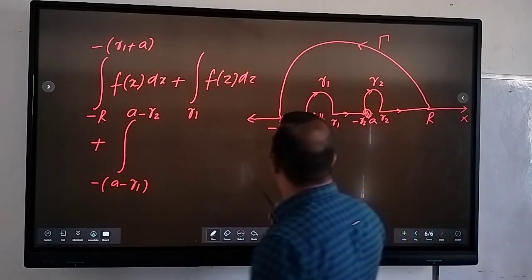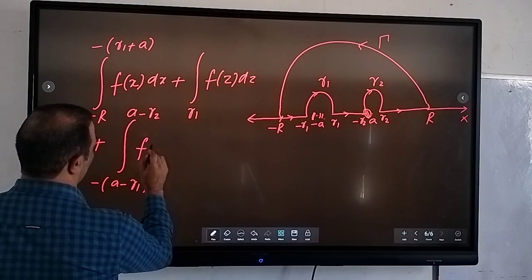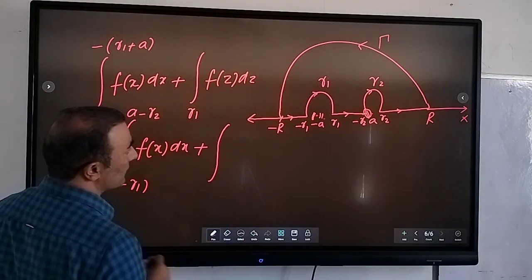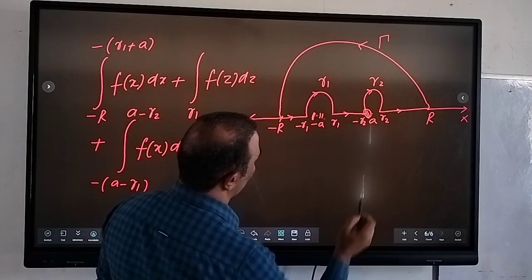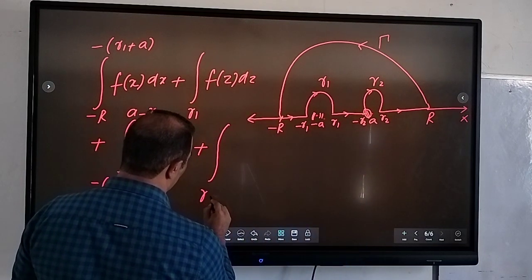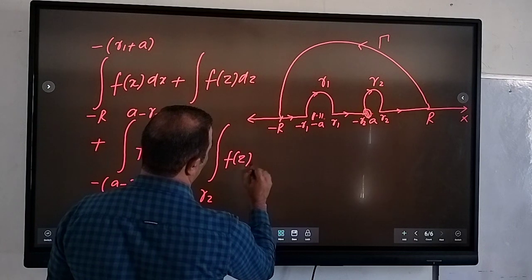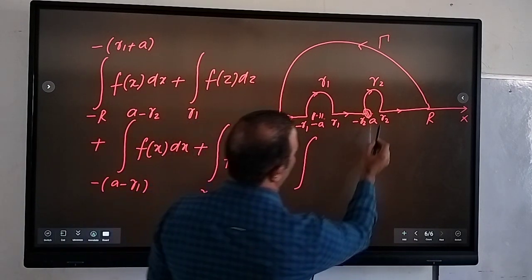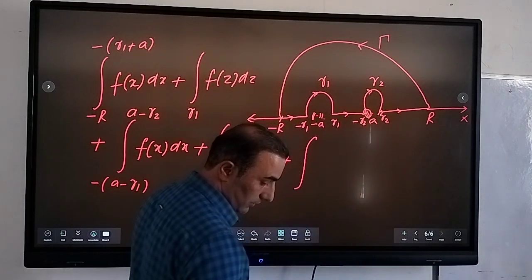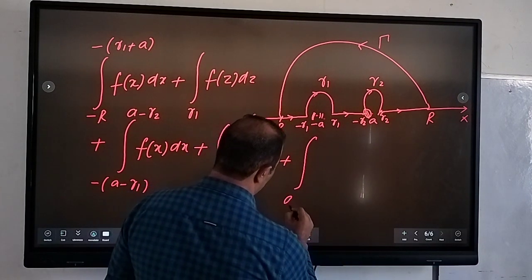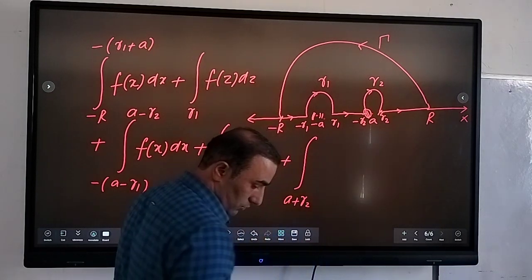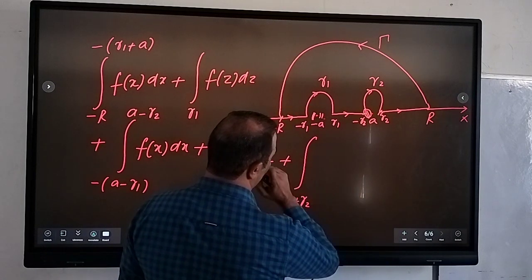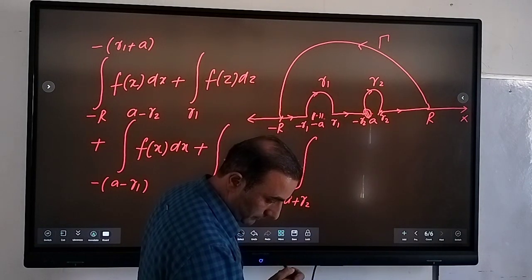This will be our f of x dx, plus another integral over this r2, f of z dz, plus one more integral from this point, a plus r2, to this point.